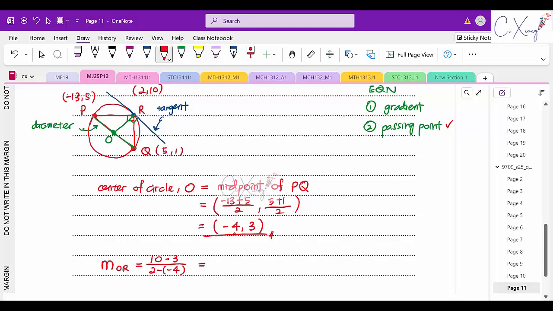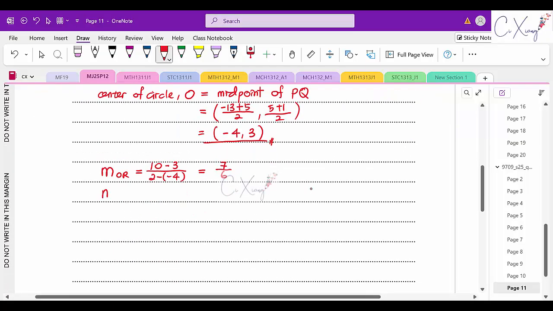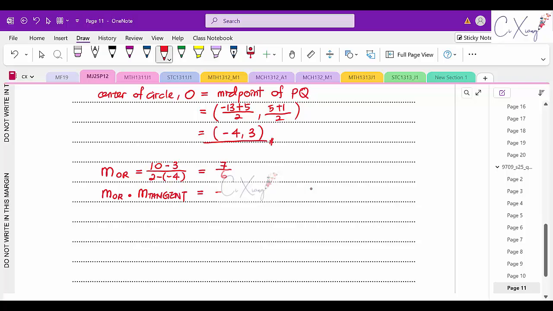What is the gradient that you get here? 10 minus 3 is 7, over 6. We know that the product of the gradient of OR and the gradient of the tangent should be equal to negative 1, because they are perpendicular to each other.